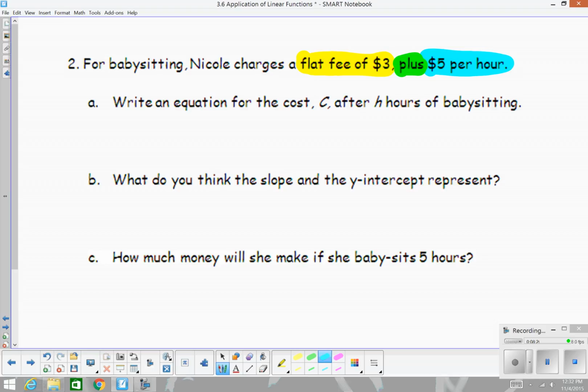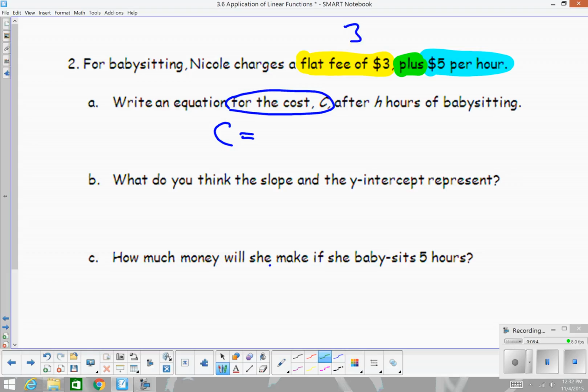In this case, it asks us to write an equation in terms of cost. So my equation is going to start with C equals. Now, if I talk about a flat fee, no matter if she babysits for an hour, 4 hours, 5 hours, 6 hours, she's going to charge $3 for basically stepping in the door.